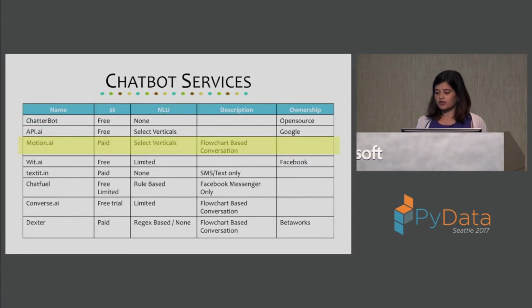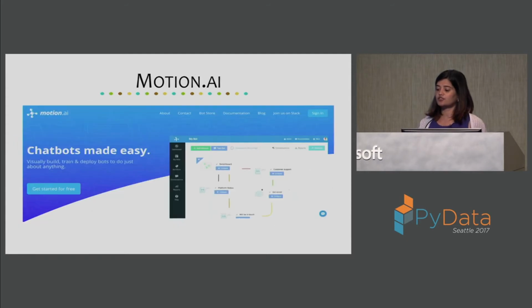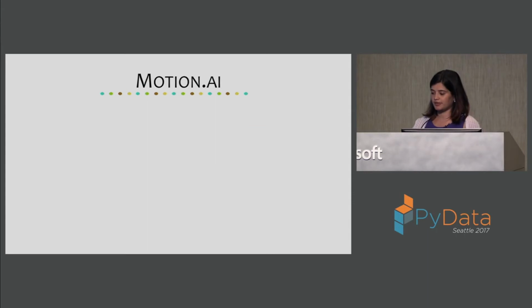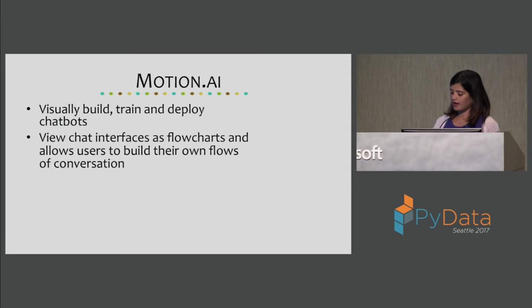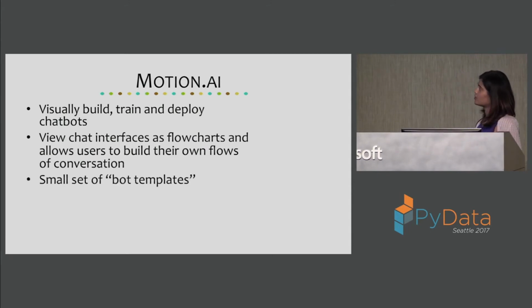The next thing, Motion.ai, it's a flowchart-based system where you can build a flowchart of conversations. And it converses based on how you have designed your flowchart to be. They are focused on visually building, training, and deploying chatbots. They view chat interfaces as flowcharts.